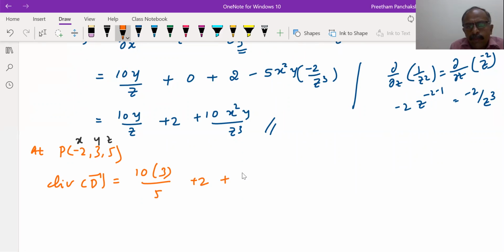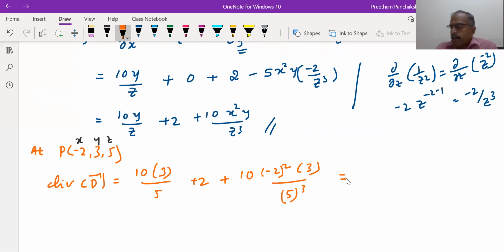Plus 2, plus 10 times x square, which is minus 2 square, into y which is 3, divided by z cube which is 5 cube. So using a calculator, we can find the divergence of D at the specified point, and we get 8.96 coulomb per meter cube.